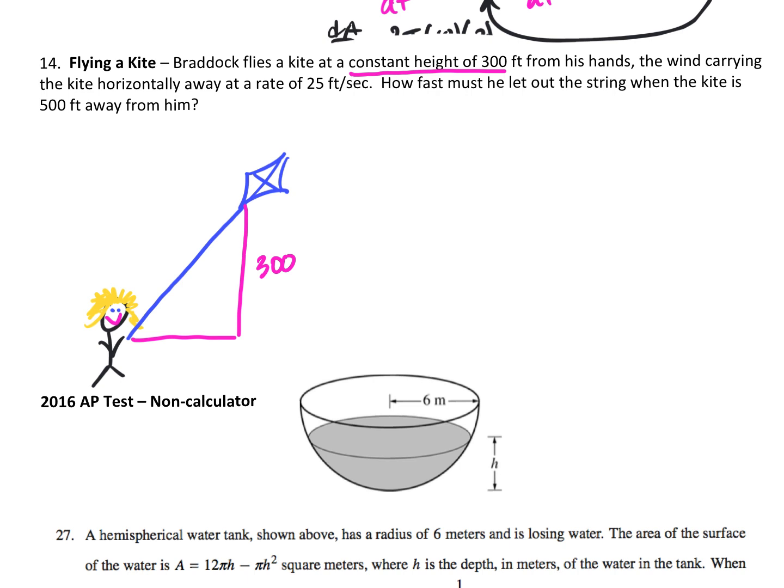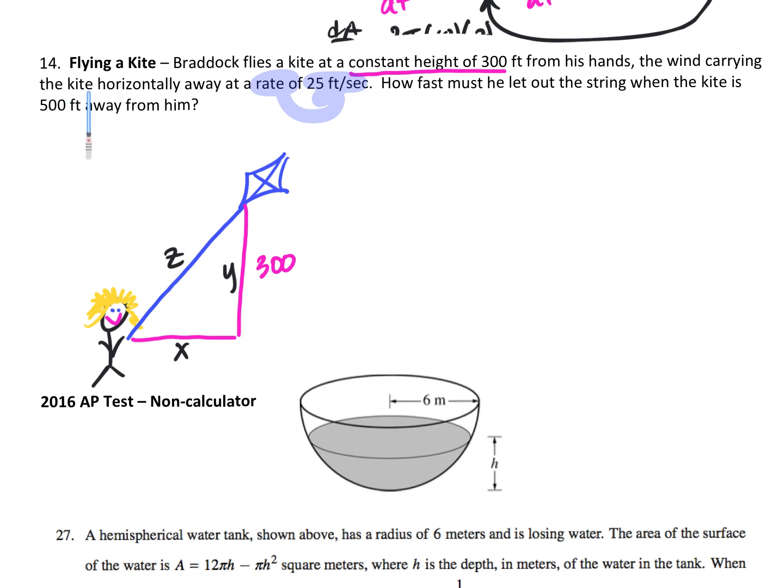Here we go. It says the wind is carrying the kite horizontally at a rate of 25 feet per second. Basically an angle. Here's, horizontally. I want to name this X and I want to name that Y just because it's like the X axis and Y axis. You down with that?